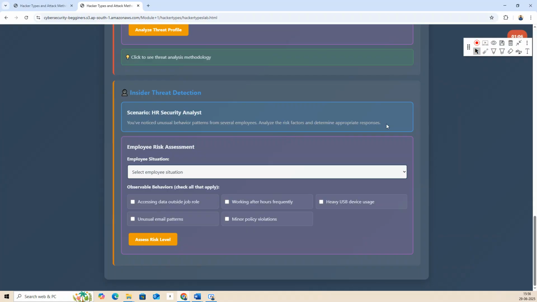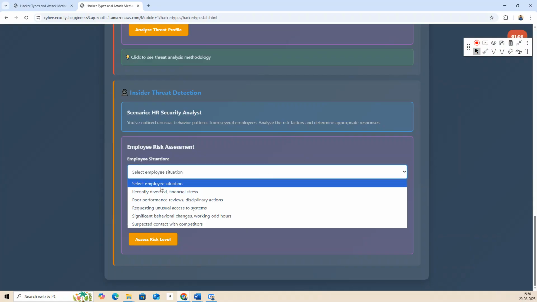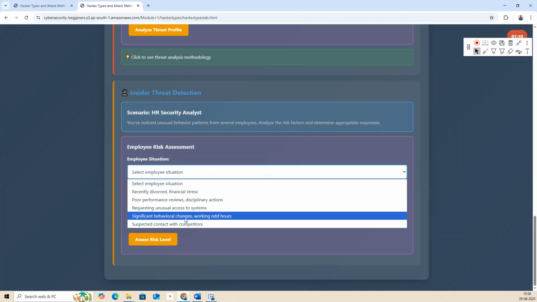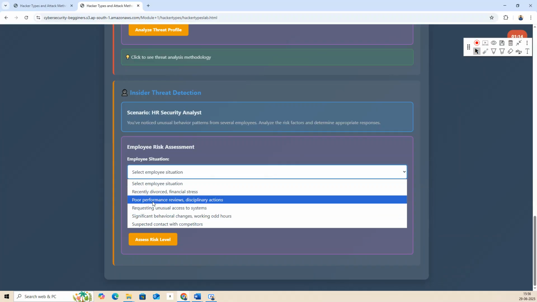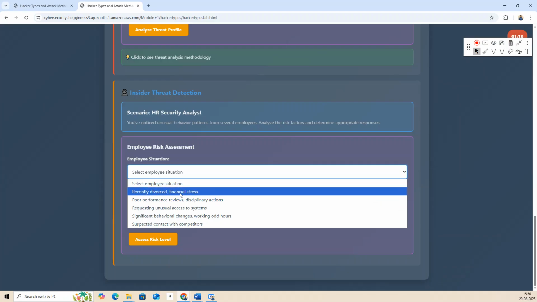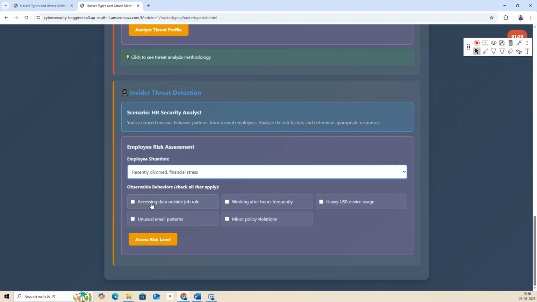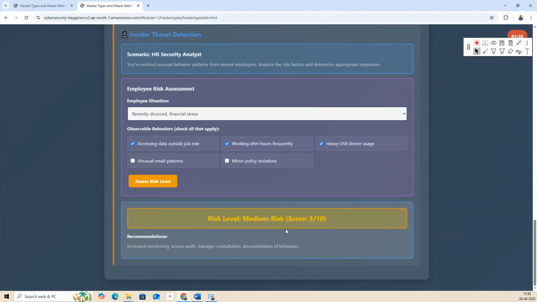How do you analyze the risk factor is the question. Now, I could say significant behavior changes, working odd hours, right? That can be it. Or poor performance reviews or disciplinary actions, or recently divorced and he is in financial stress. Then check all that applies, heavy USB device usage or whatever it is, and check the risk level.